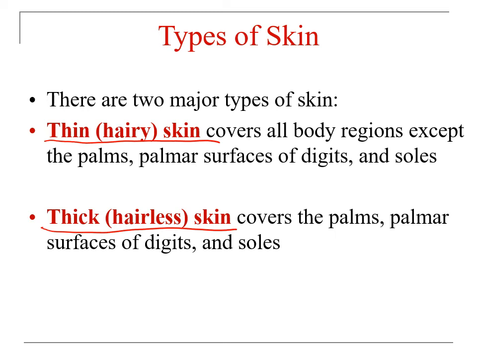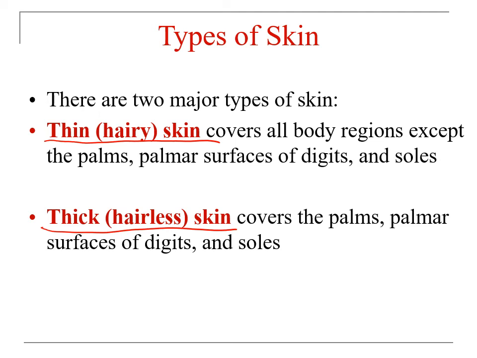The greatest contributor to epidermal thickness is the increased number of layers in the stratum corneum. This arises in response to the greater mechanical stress in regions of thick skin. And then like we said, the stratum lucidum is that layer of the epidermis which distinguishes between the thin skin and the thick skin.